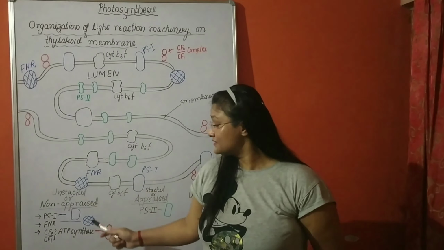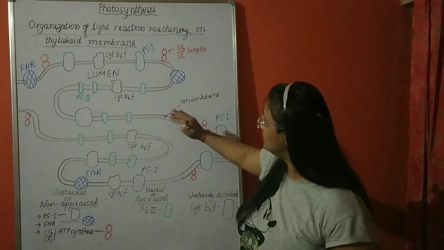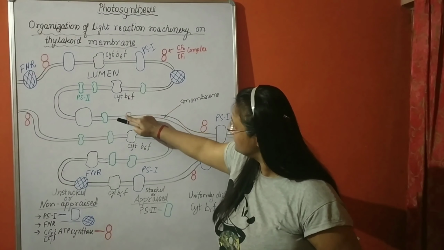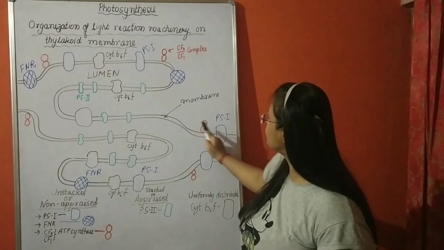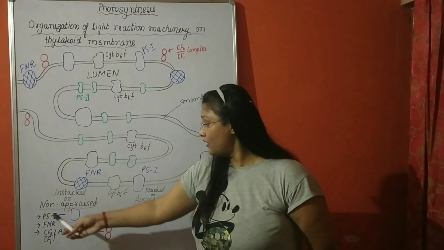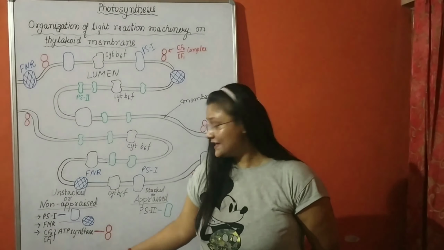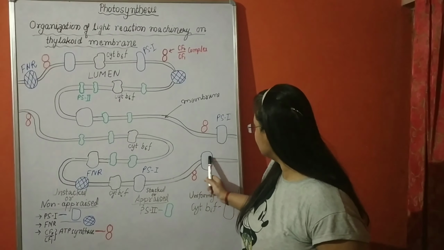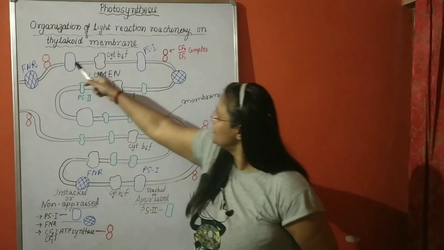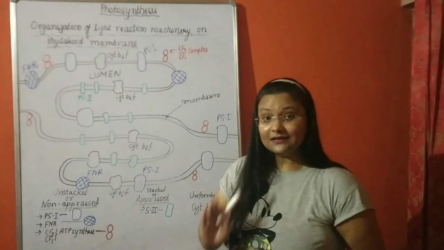Like this is the stacked region, but these regions which are free are unstacked or non-appressed. So in the non-appressed region, we can find photosystem 1, which is represented by this structure. Photosystem 1 is found only in the unstacked region.